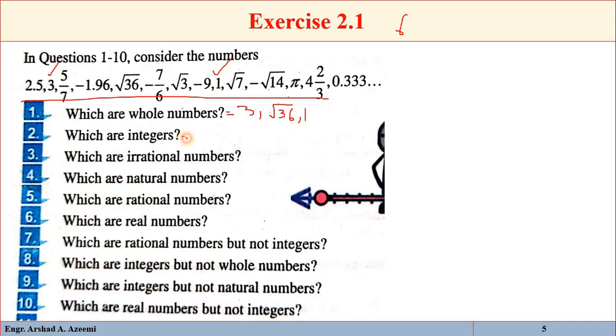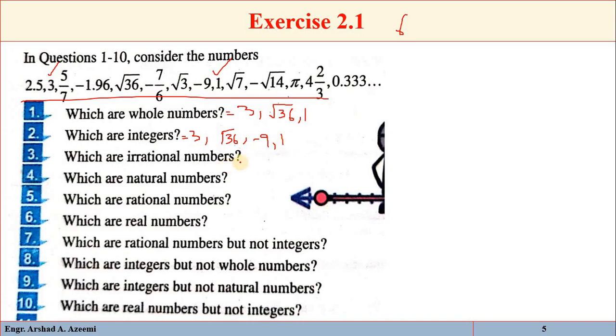Which are the integers? We know that integers are positive and negative whole numbers. So again we have 3, under root 36, which gives us 6, and -9, and 1. So these are the integers.